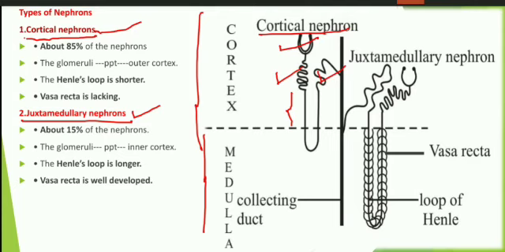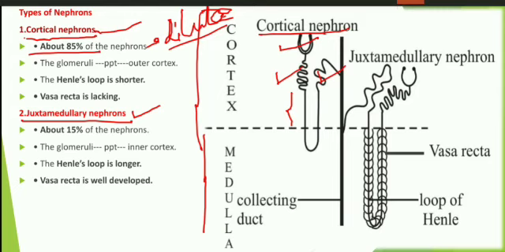Those are cortical nephrons, and these nephrons are about 85% of those in human kidneys, and they are responsible for releasing dilute urine. Our urine becomes diluted because we have more cortical nephrons than juxtamedullary nephrons.